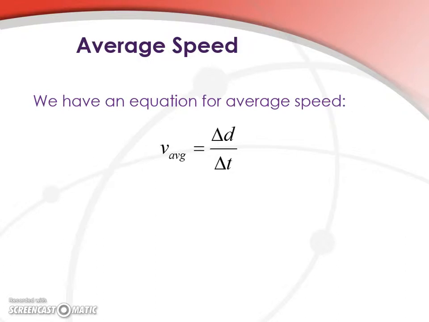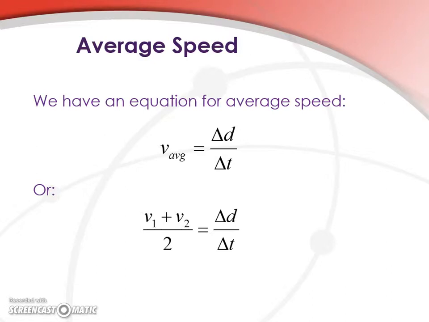We have, really, kinematics can be distilled down into what amounts to 2 equations. The first is here, average speed. So if we have a starting speed and a final speed, we take an average of that.